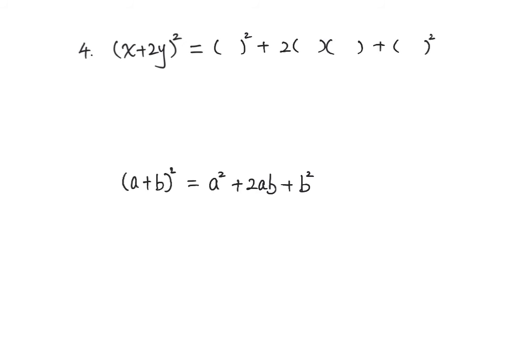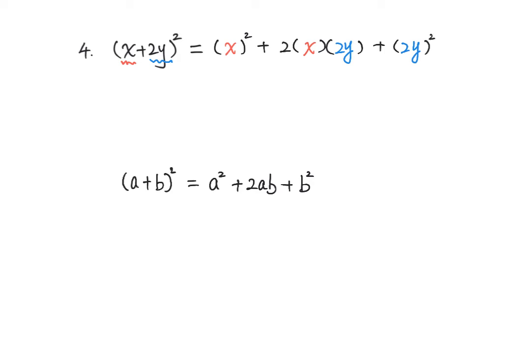In this example, a is x, b is 2y. So we put it here: x squared plus 2x times 2y plus 2y squared.